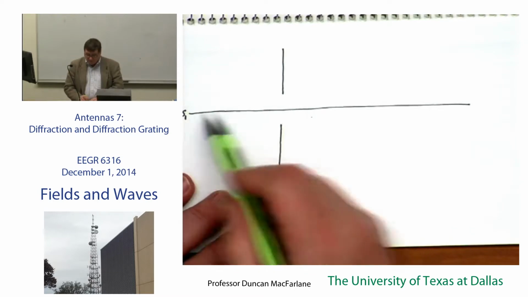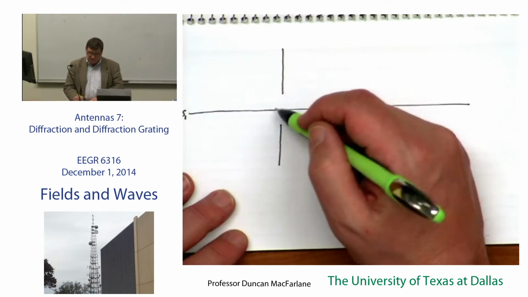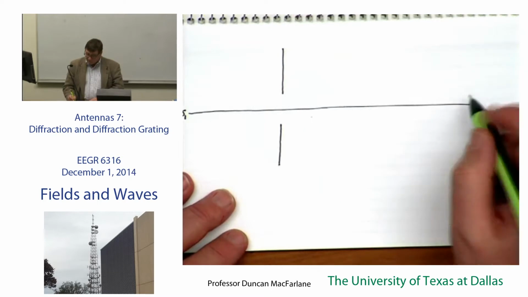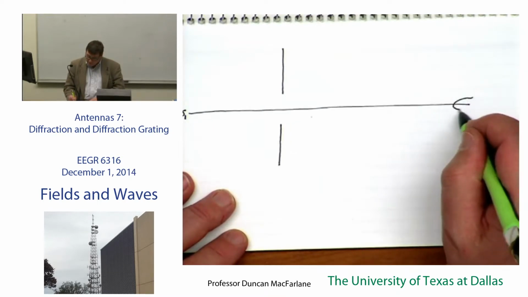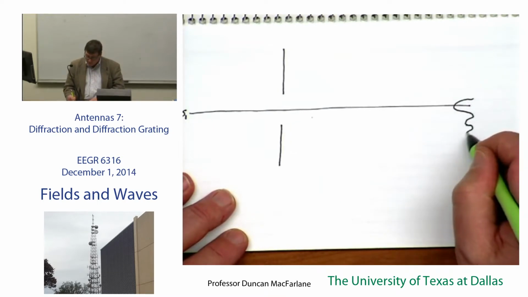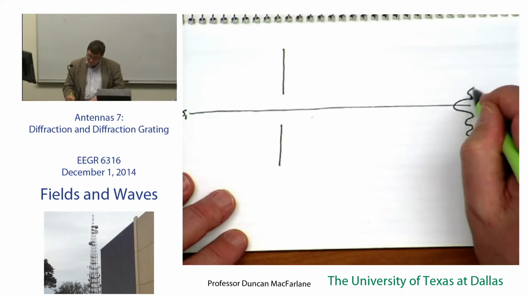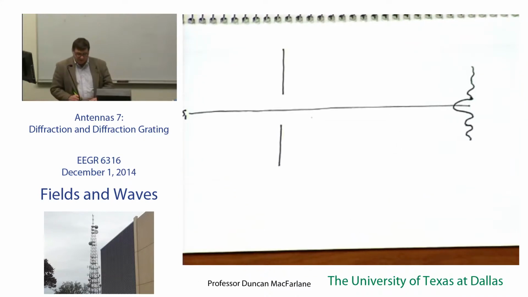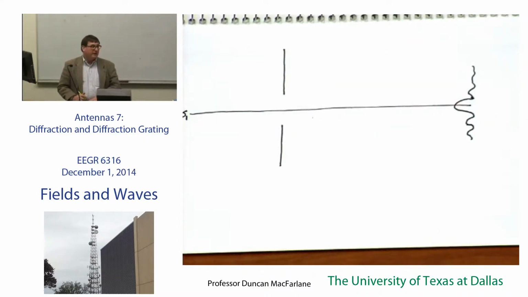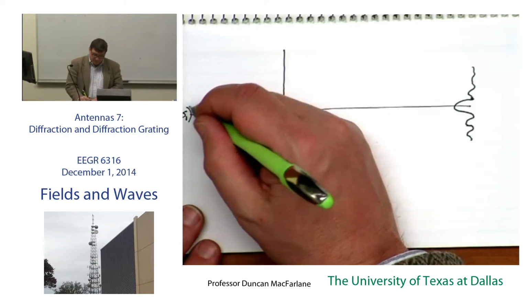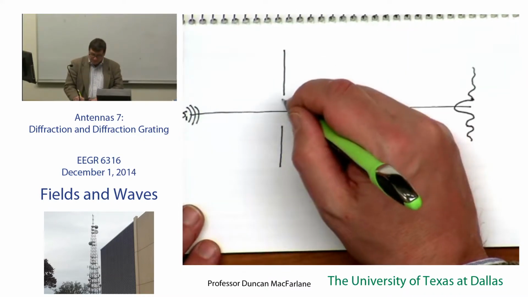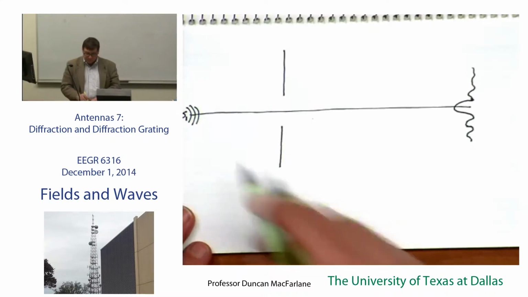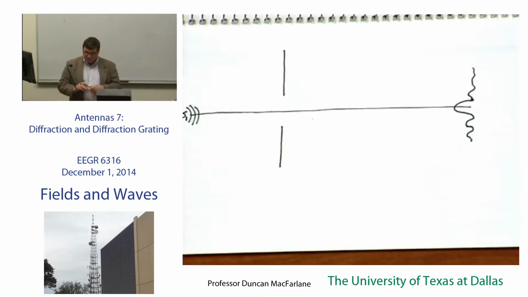And this source here, by the time it gets to the slit, will be a plane wave. And so I'll set up my sinc function sitting out over here as the transform here. So this will be a plane wave across it here, and it will go out to a plane wave there.